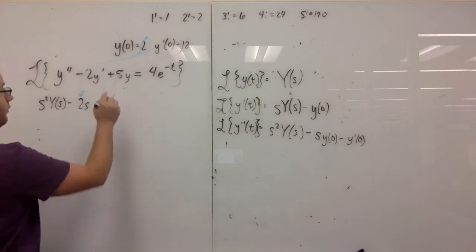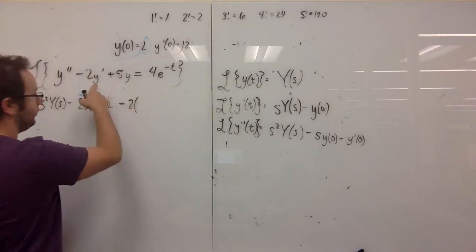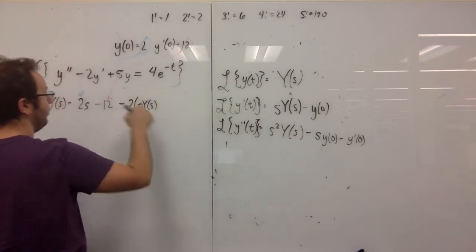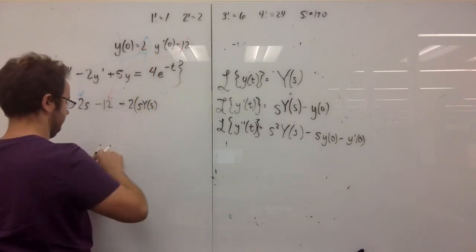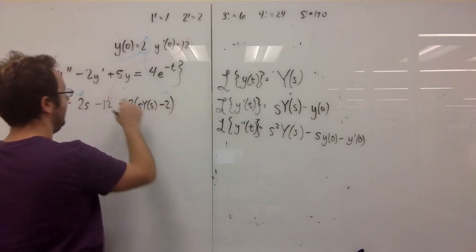And then the Laplace transform of negative 2 y prime, so minus 2 times the Laplace transform of y prime, which is sY of s minus y of 0. y of 0 is again 2. So we have minus 2. And then we have plus 5y.